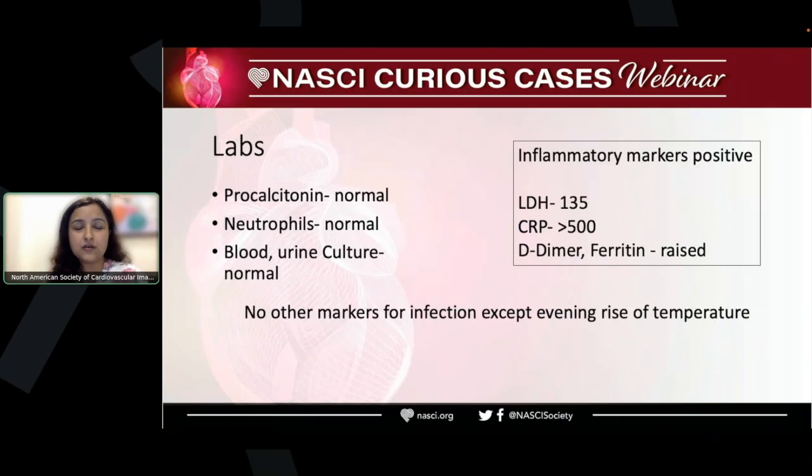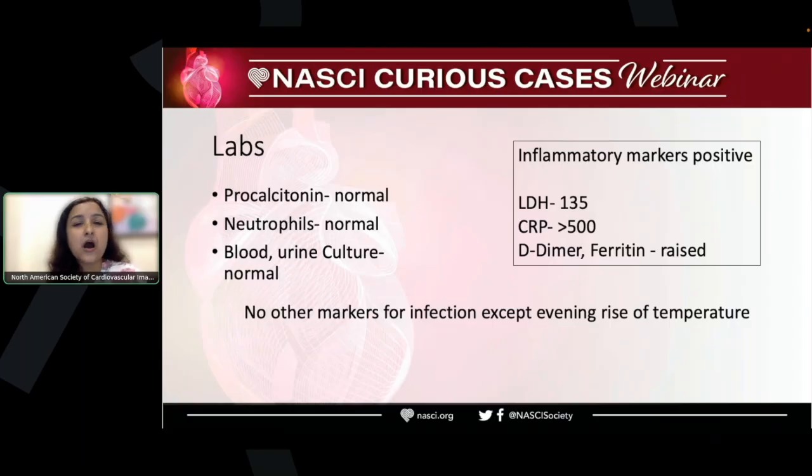So we went ahead, we did labs for the patient, inflammatory markers were done, and surprisingly, we saw that the markers for infection were all normal, like procalcitonin was normal, neutrophils was normal, blood and urine cultures were normal. So no signs of infection, except for the fact that the patient presented with evening rise of temperature.